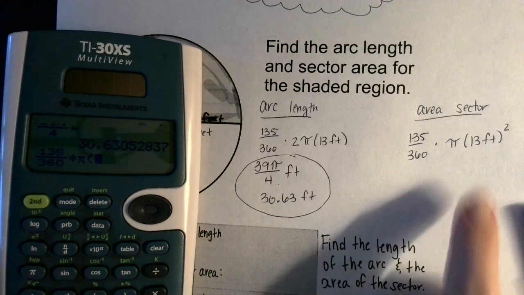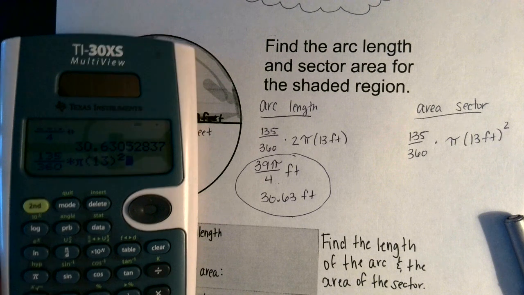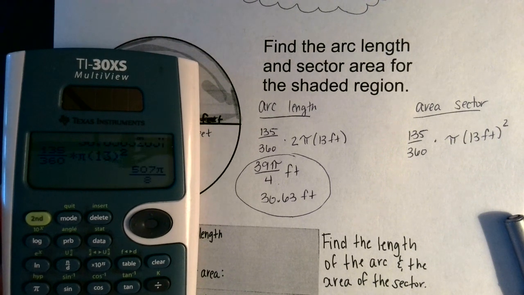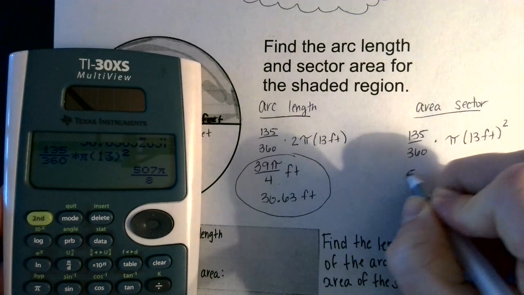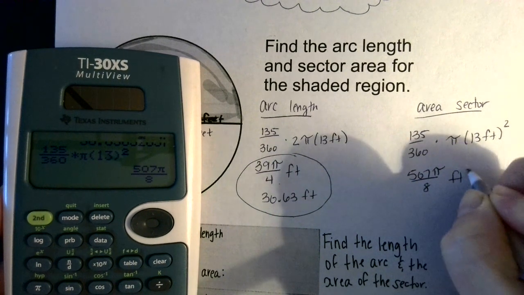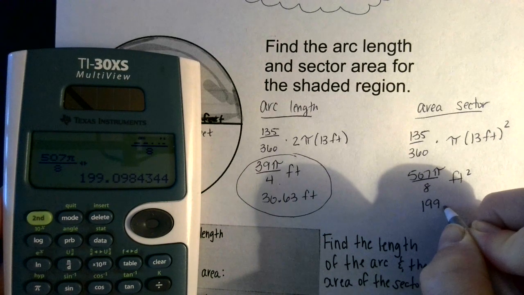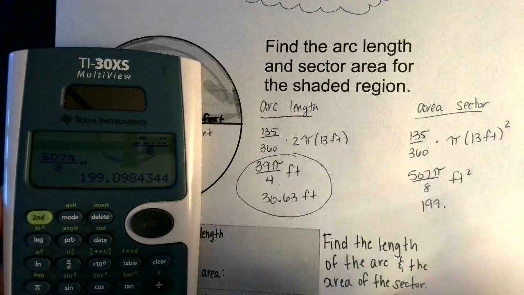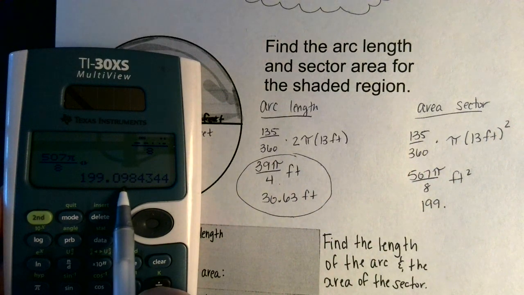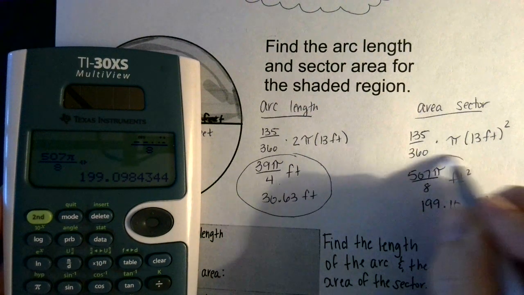I'm going to put my 13 in parentheses because I only want to square the 13. So I get 507 pi divided by 8 feet squared, and then my decimal approximation is 199.10 feet squared.